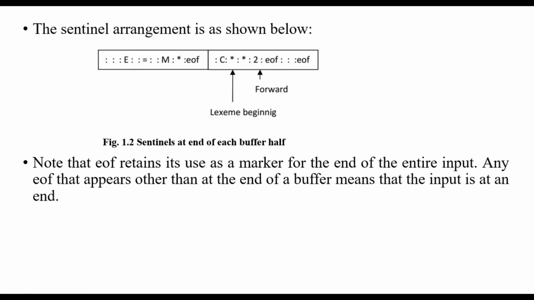Note that EOF retains its use as a marker for the end of the entire input. Any end of file that appears other than at the end of a buffer means that the input is at an end. Here you can see that end of file is in the middle rather than at the end of the half. So it indicates the input has ended.